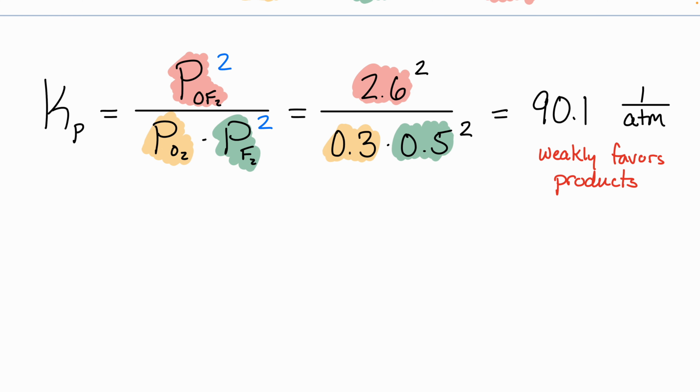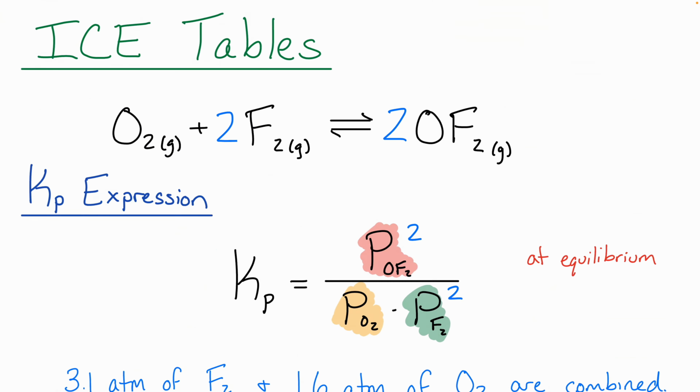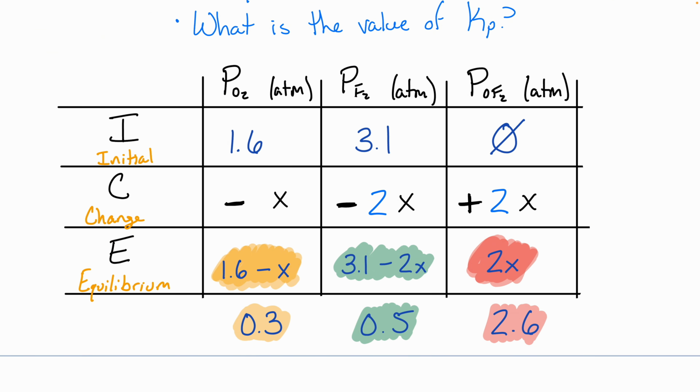All right, cool. So we have this new strategy that we're going to use for solving these equilibrium problems called the ICE table. We have columns for each of our reactants and products, and then the rows are I, C, and E. I stands for the initial concentration of each, or pressure in this case, from our problem. The change box we're going to leave as a variable. So we got a variable in all those change boxes.